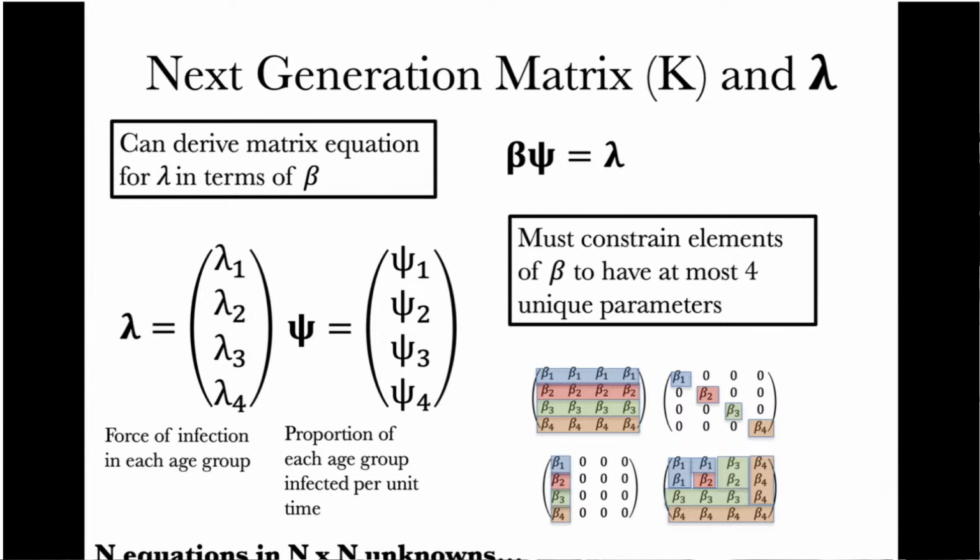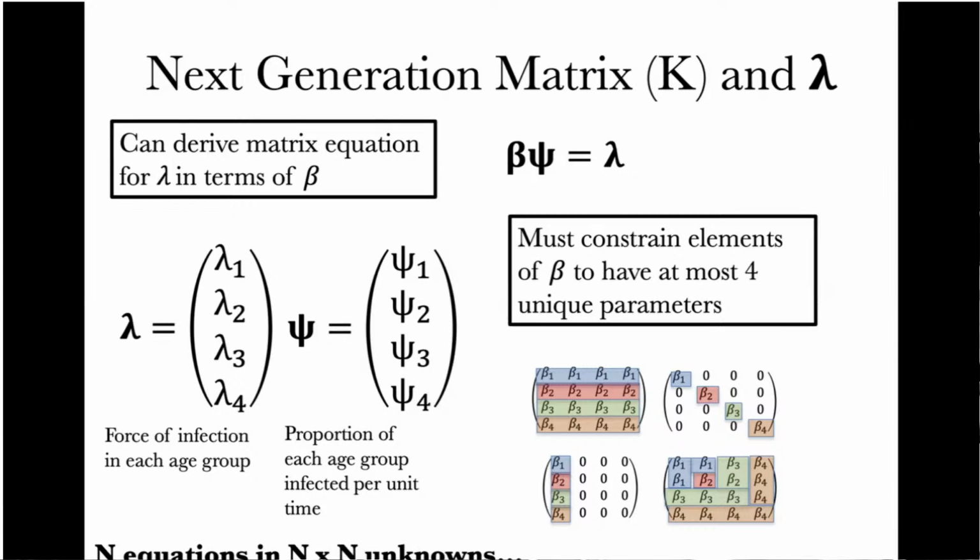Now, before people started doing contact surveys, what people will do is, for example, assume different forms of the beta matrix. For example, this particular form means that people can only transmit within individuals of the same age group, yeah? Meaning you only have 4 distinct transmission rates.